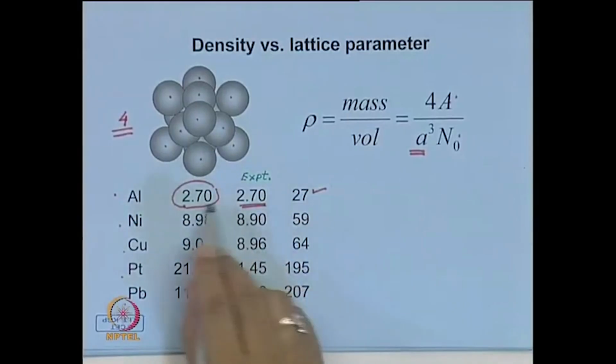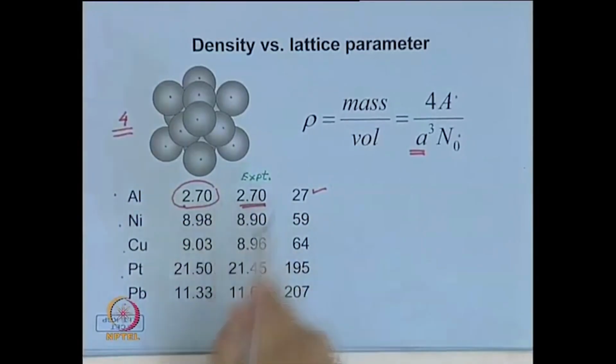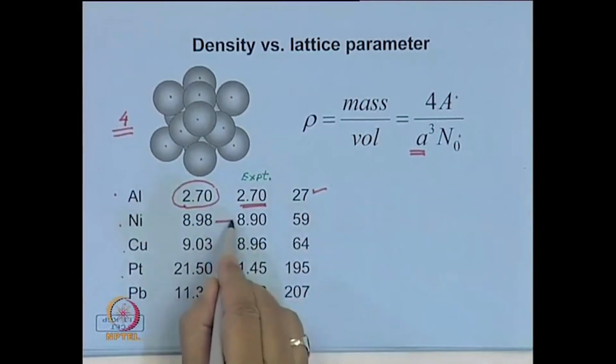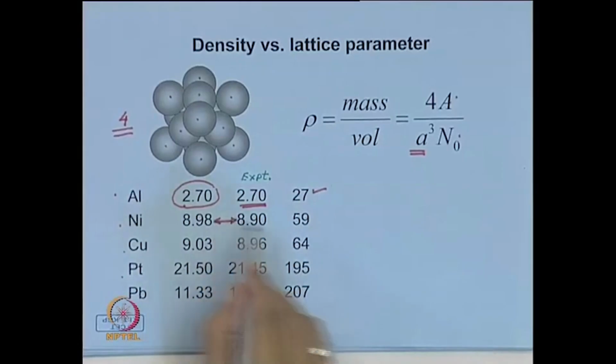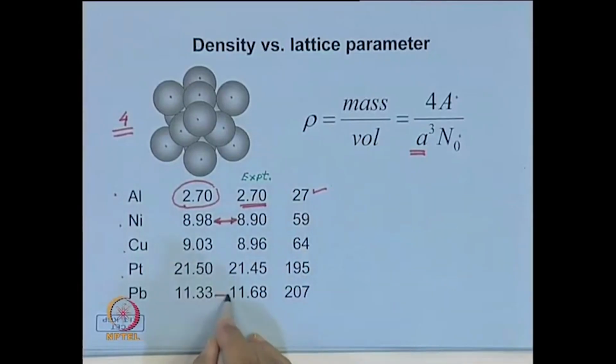There is a fair degree of correlation between the two. Similarly, for nickel, the theoretically calculated density matches very well with the experimental result. But as you go down here, you find that there is a large difference.